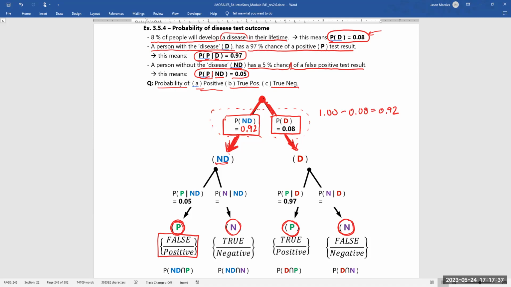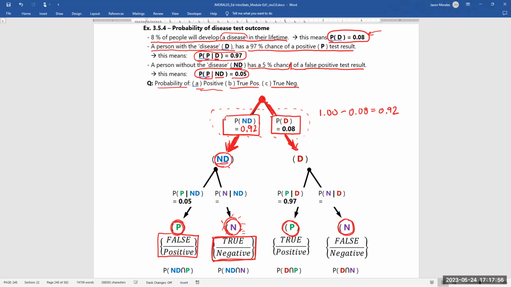Now, what if you didn't have the disease and the test result was negative? Well, that is a true negative result. You didn't have the disease and you tested negative for it. So that is a true negative.